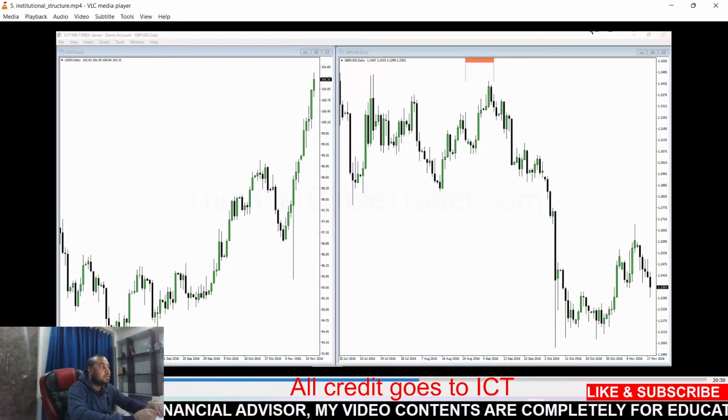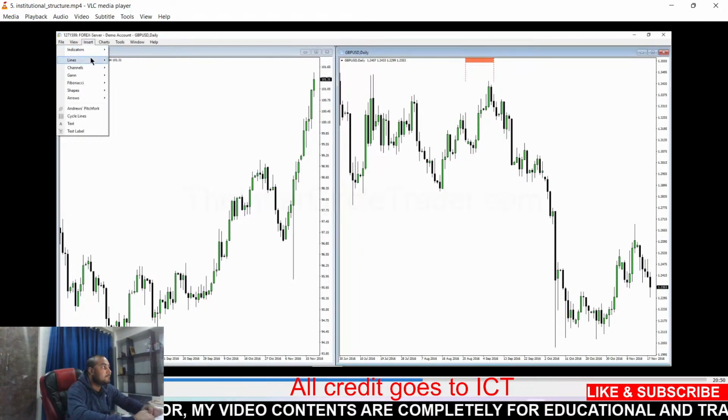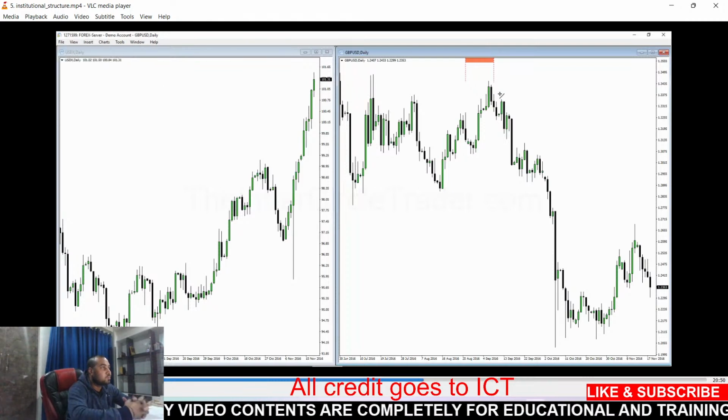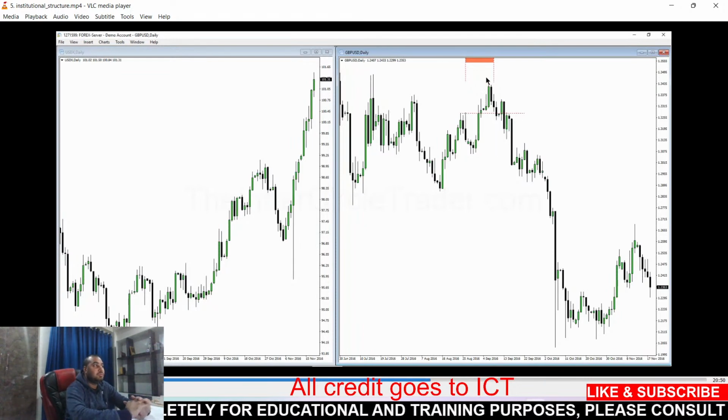And you can see that the cable made a higher high. All indications here looked very bullish. Price was running through an old high here.